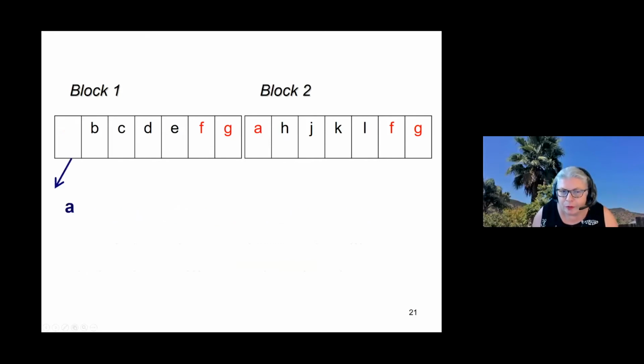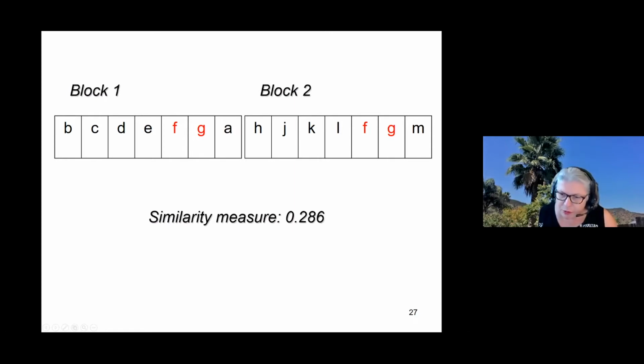So the word moves out of the window and the block becomes different because a new word comes in. And now in this case, it looks like the 2 blocks are less similar, because it's only 2 words, let's say, that are the same. So the similarity measure will be less because there's less of an overlap.